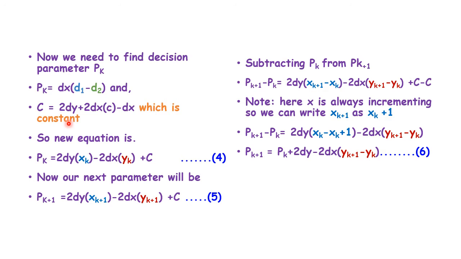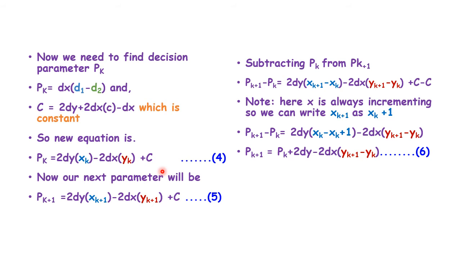So from previous equation we get new equation as pk is equal to 2 dy into bracket xk minus 2 dx yk plus c, and call this equation as a fourth equation. So we get one of the decision parameter value, that is pk, for current y value.